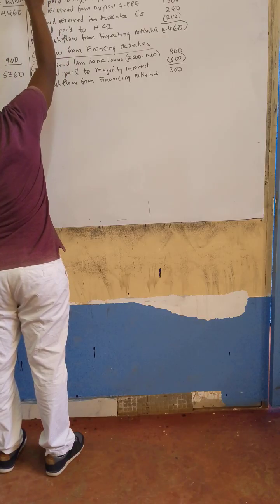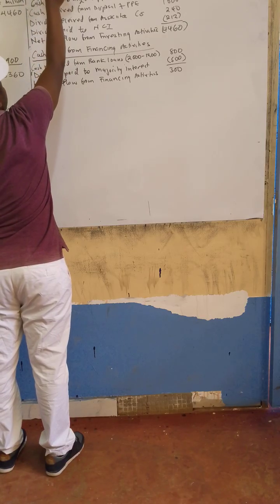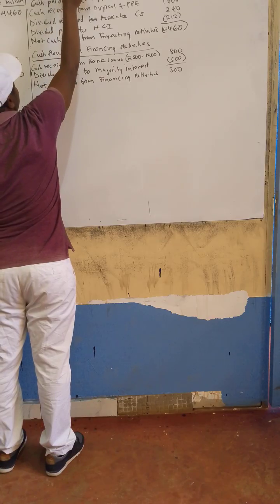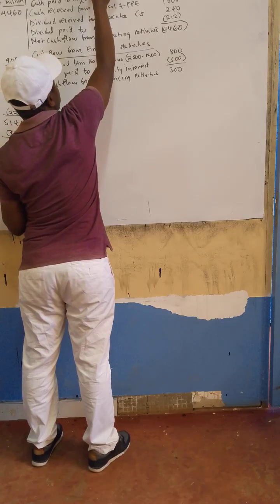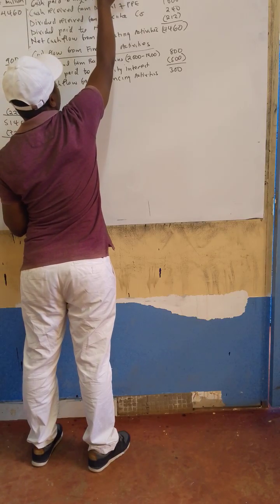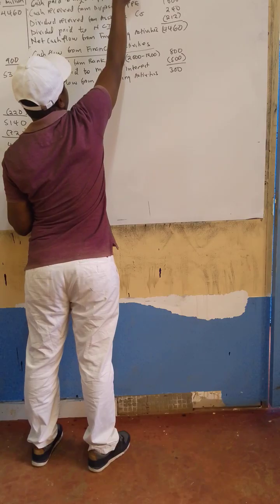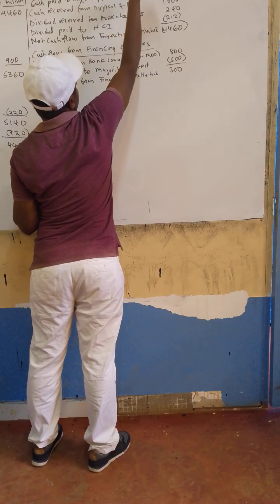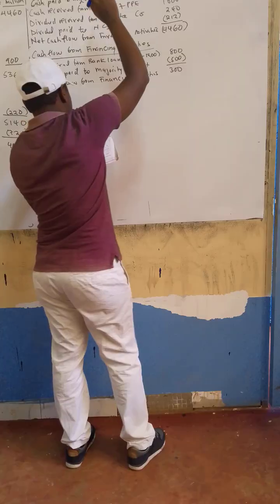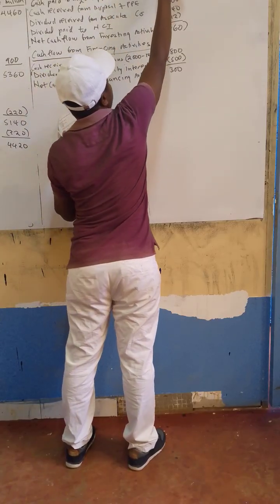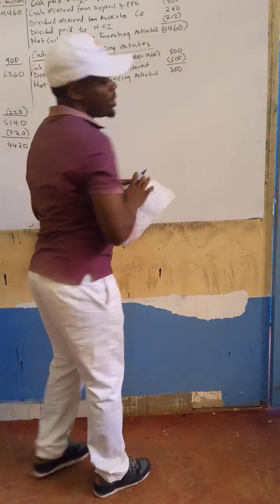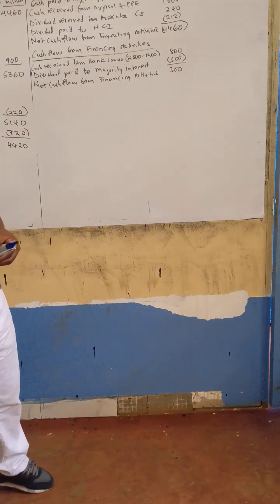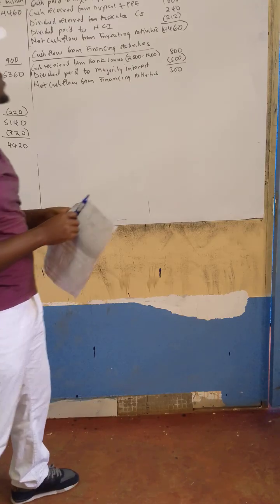Net cash received from disposal and acquisition, it was 320 minus 200, which is 120.